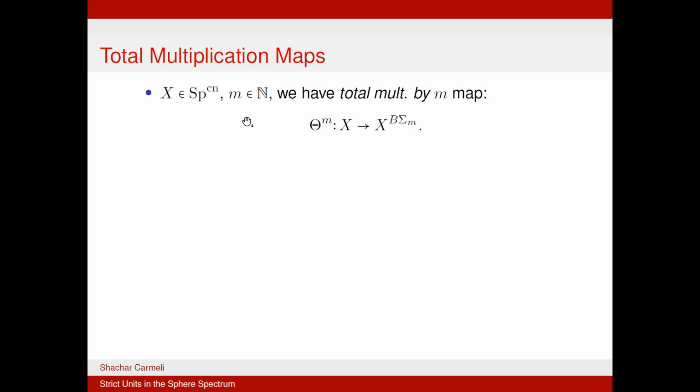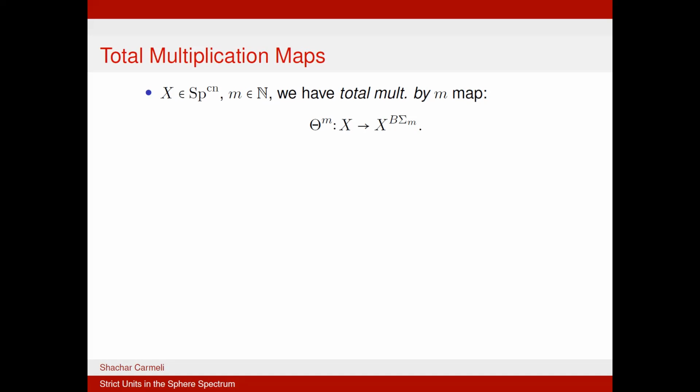So what is this map? If we have a spectrum X and an integer m, it comes equipped with a multiplication by m map from X to X, which adds m elements of X. But in fact, this map refines to a map from X to the X-valued cohomology of the classifying space of the symmetric group on m letters.